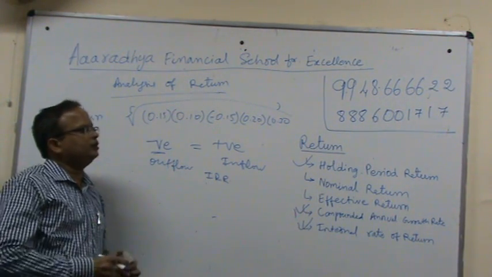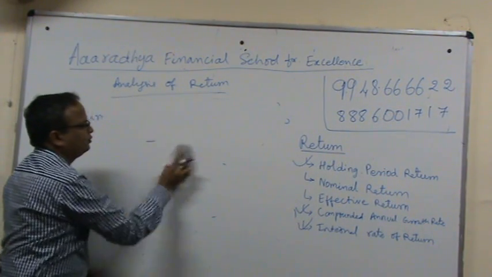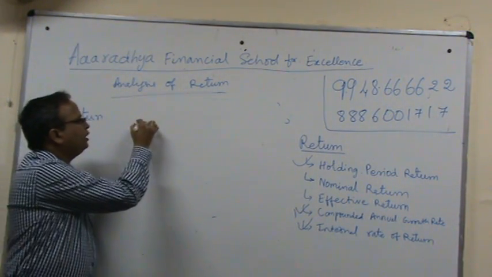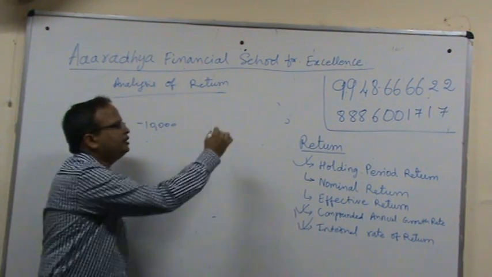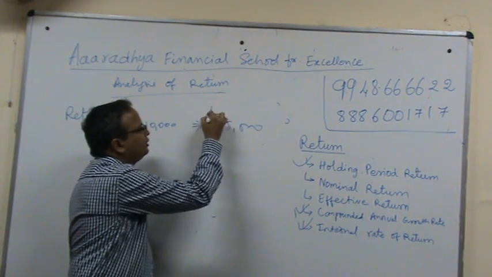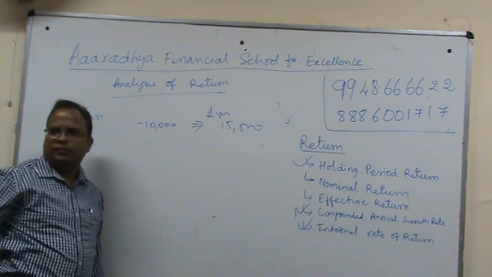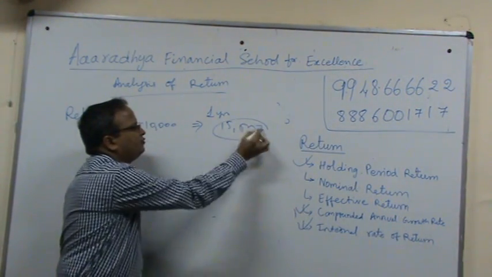How is that possible? To just elaborate this, let us say we are investing 10,000 rupees and we are receiving 15,000 rupees after 1 year. The tenor is 1 year. Correct? Now I am talking from the point of view of the present value of this money.